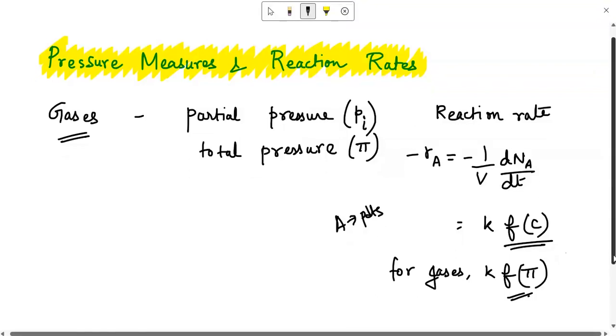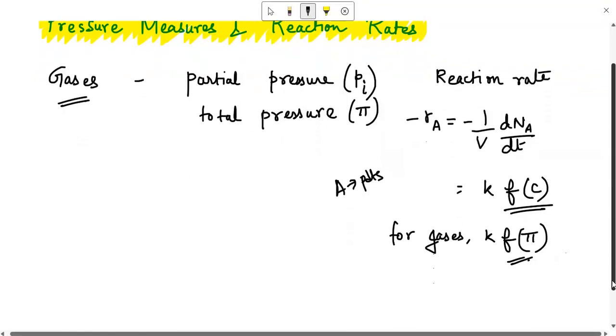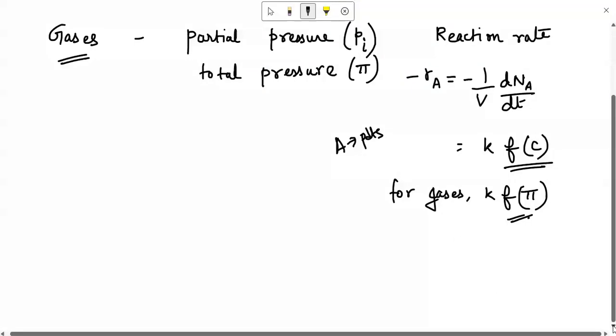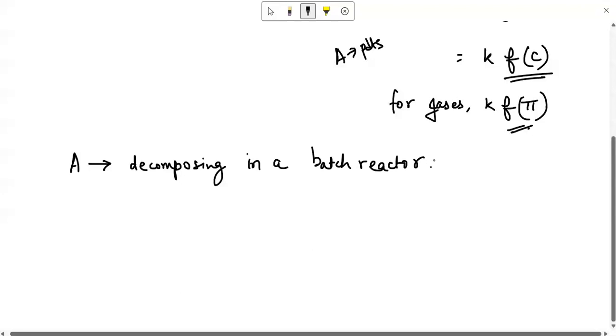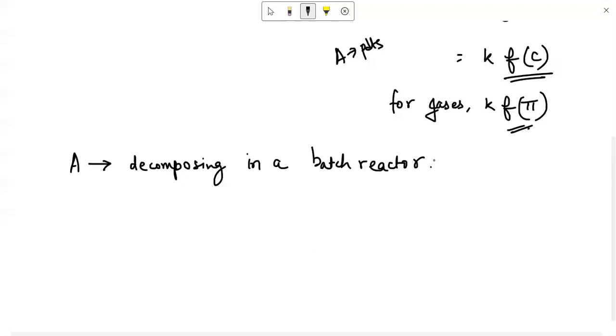Let me explain this with the help of an example. I think that will help us grasp these things better. Let's say we have a batch reactor and a specific component A which is decomposing. This entire phenomenon is given using pressure units but at two different temperatures.